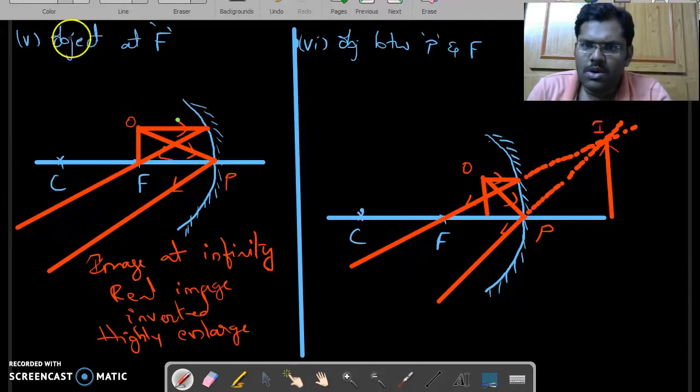So whatever you are drawing, you need to indicate the C, the F, the P, the arrow marks of the incident ray and the reflected ray, and also the object and the image indications.